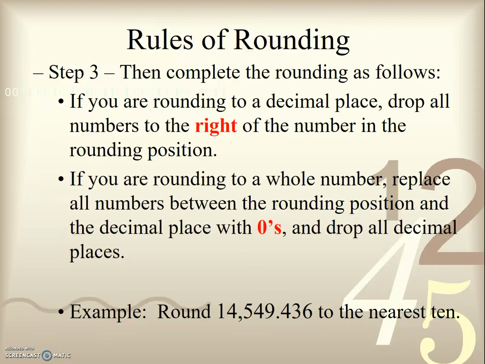Now, obviously, if you're rounding to a whole number from a number like our example number right here, since we are rounding the tens place, we're going to drop all of these guys plus the decimal, and we're going to replace him with a 0.